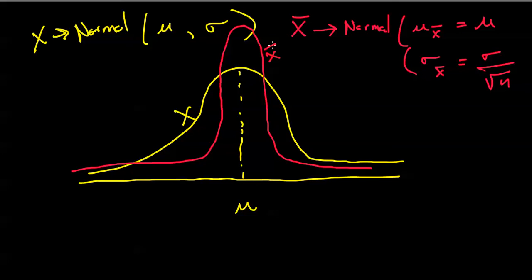Alright, let's do some examples. I want to consider that earlier example that I motivated the conversation with. Consider the earlier motivation. We're talking about IQ scores. X is a variable that represents all IQ scores of all time.